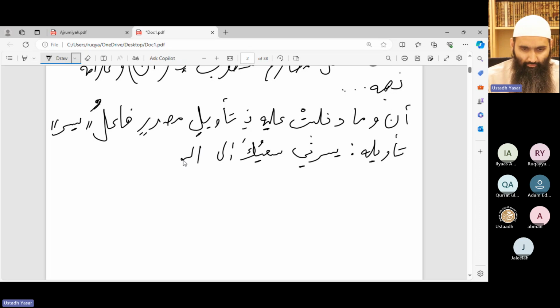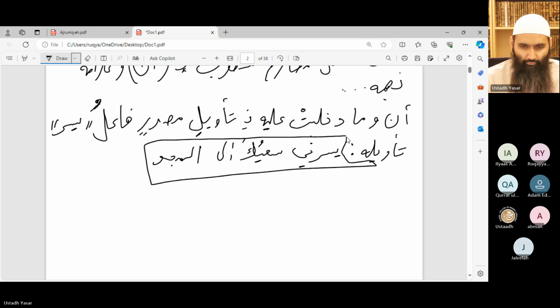You see this? Yasurruni, because we said that here the masdar is a fa'il. What did we say? We said the masdar is the fa'il of yasur, and fa'il is going to be marfu'. So that's why this is marfu', sa'yu.